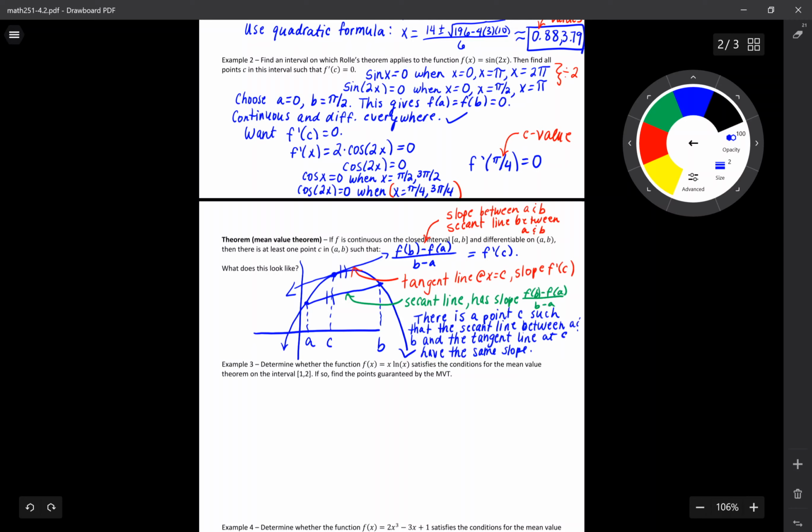This is a very useful theorem, as we will learn, but this is what it looks like pictorially.